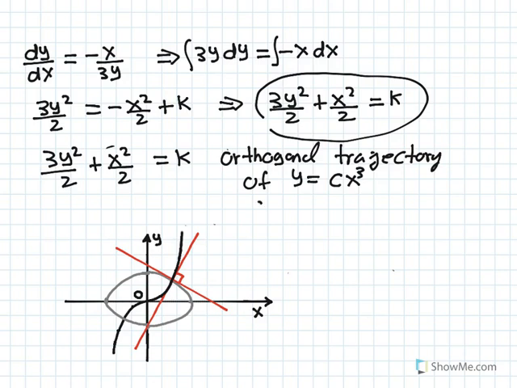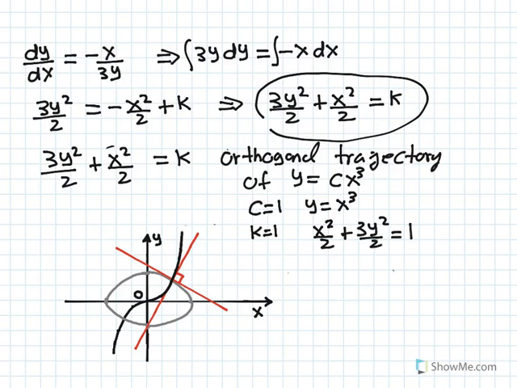So let's choose c equals 1, so we just have y equals x cubed. And let's choose k equals 1. So we have the ellipse x squared over 2 plus 3y squared over 2 is equal to 1.